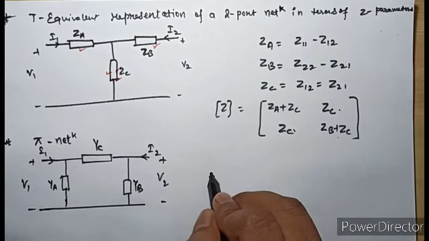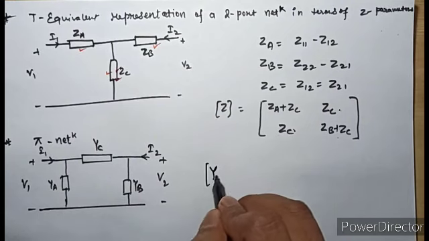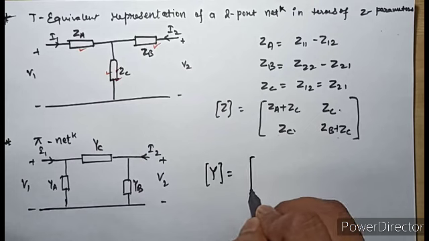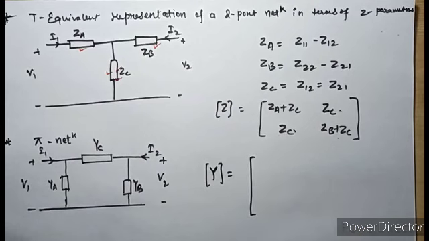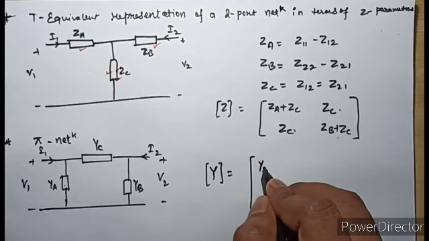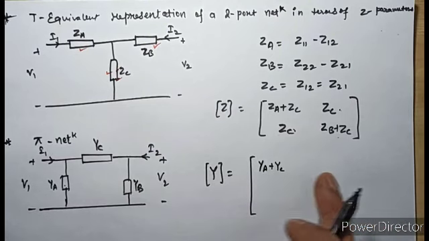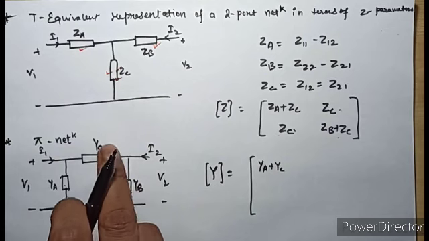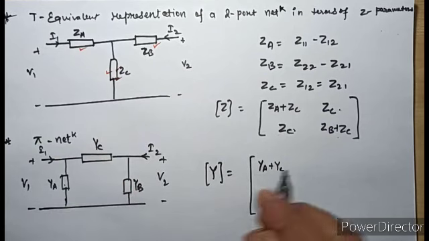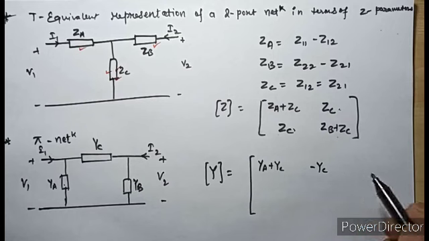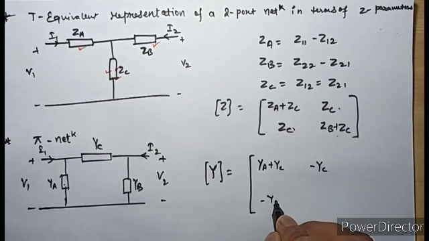Now this admittance parameter Y matrix will be represented as Y11. Y11 will be the sum of these two admittances, YA plus YC. Y12 will be this admittance with a negative sign, hence minus YC, and our Y12 and Y21 will be the same, so this will be minus YC.